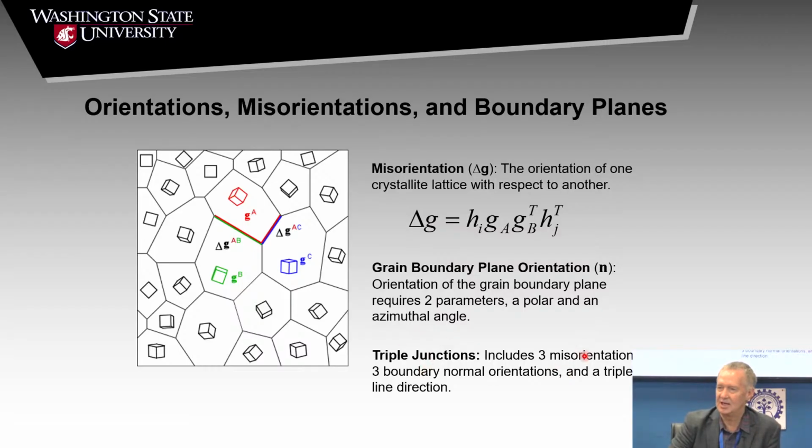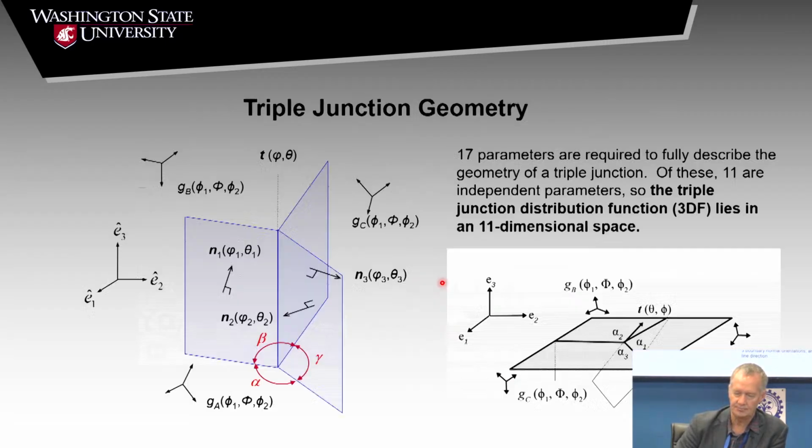Triple junctions include 3 misorientations instead of just 1, right? So if this is the triple junction, we have all 3 of these misorientations, or 3 orientations if we prefer. And then we have the boundary normals for each of these, and we have a direction of the triple line orientation, right? The way the triple line is pointing. So a lot more parameters with triple lines than we have with grain boundaries.